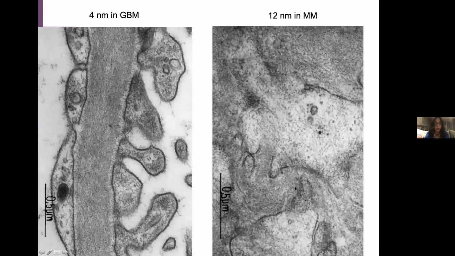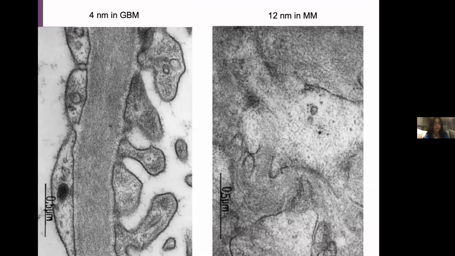Let me show you with pictures what we talk about. This is a normal glomerulus. Normally your glomerular basement membrane is fibrillary, by the way, and it has fibrils, but the difference is in the size. Fibrils in glomerular basement membranes are only 4 nanometers. So if they are more than 4, up to 10 nanometers, you might consider amyloid if you want.